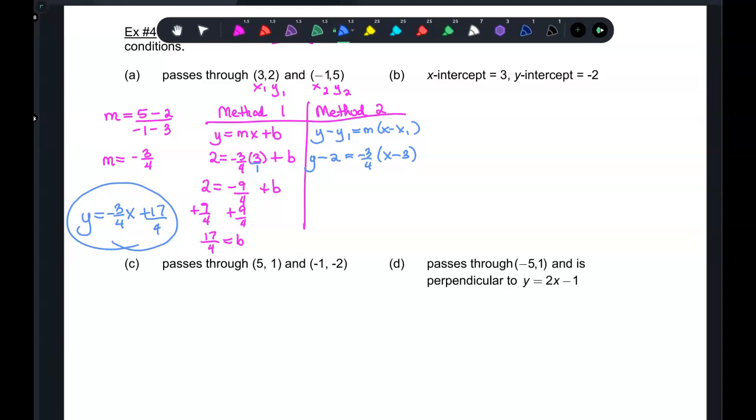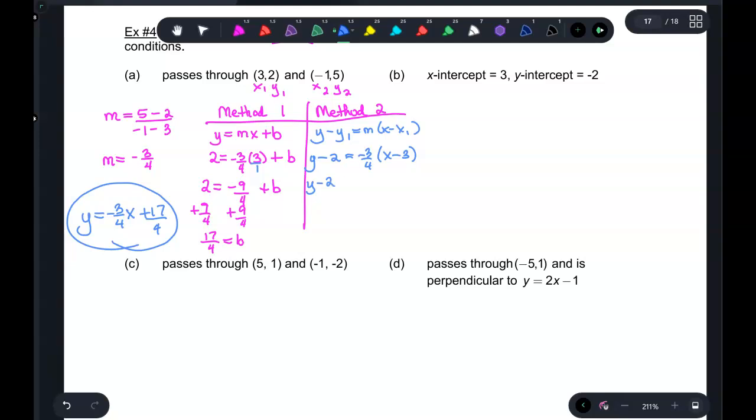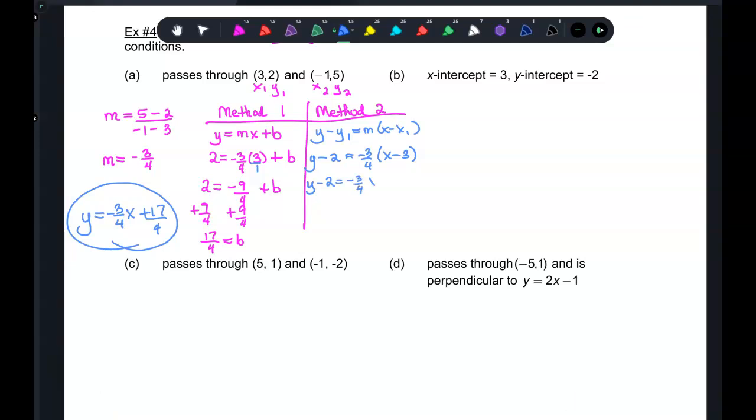Now, in order to change this into slope intercept form, I just have to isolate y. So what should I do next? I'm going to distribute on the right side. So this is negative 3/4 x plus 9/4. What do I do now? Add 2 to both sides.